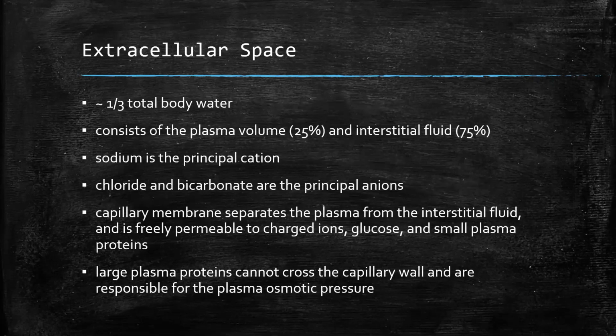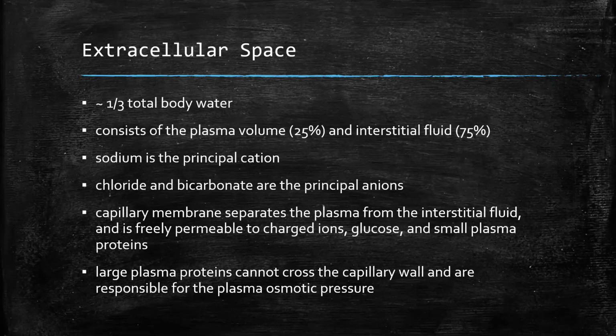The extracellular space is where about 1/3 of our water is located. And again, it's subdivided into the two additional spaces, the plasma volume and the interstitial volume. In this space, sodium is the principal cation, and chloride and bicarb are the principal anions. Now, it's the capillary membrane that separates the extracellular space into its two components.